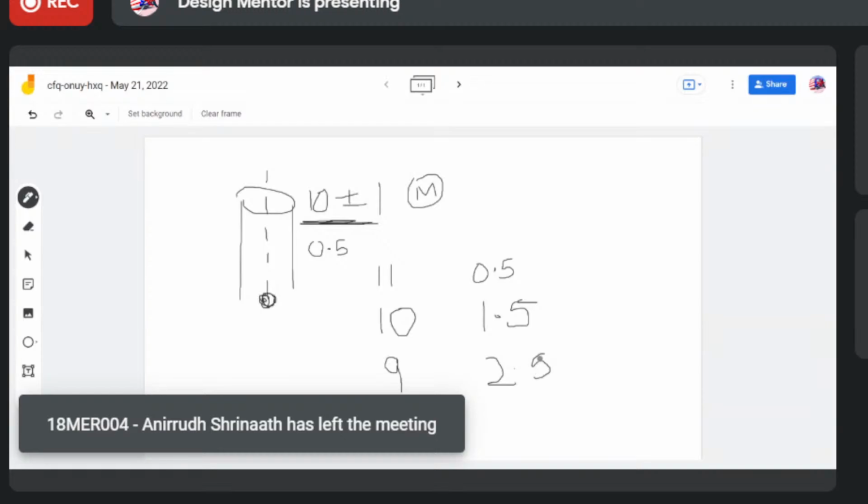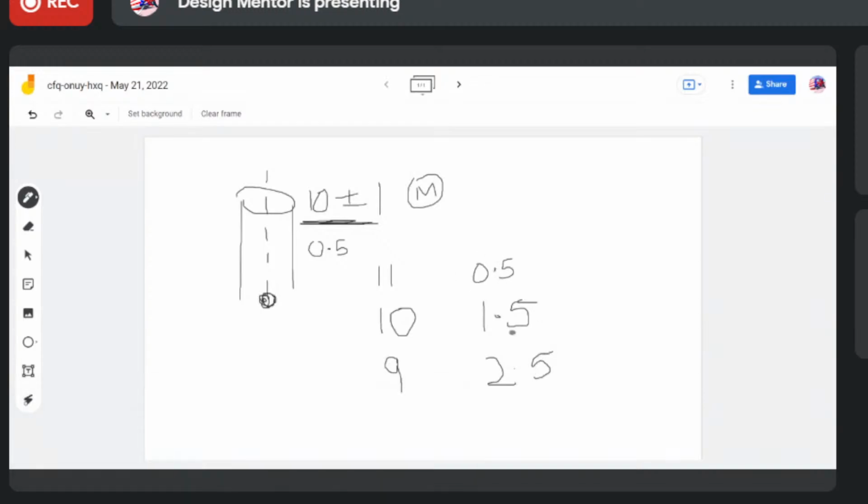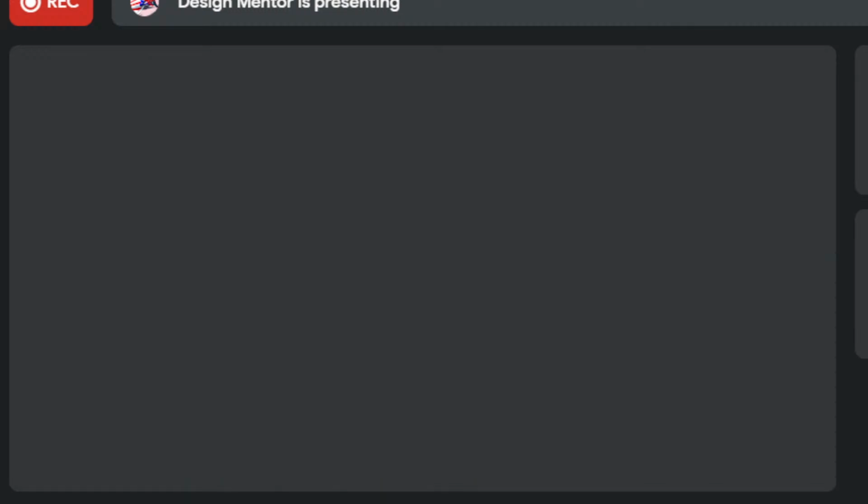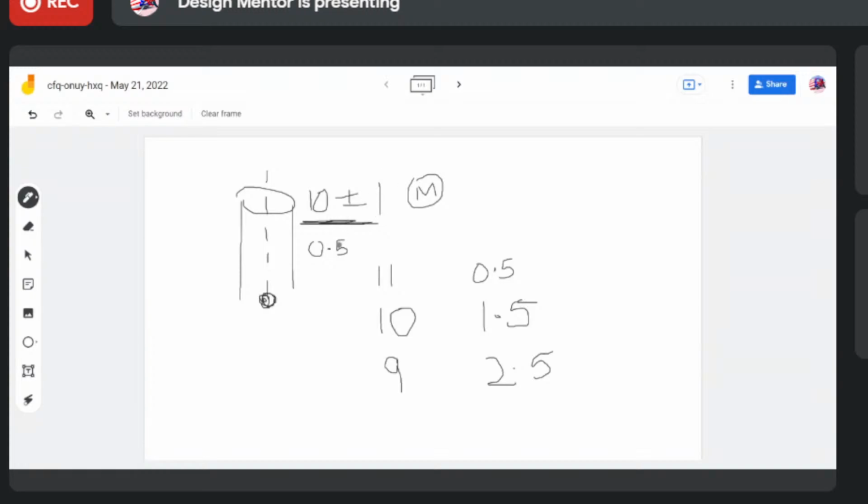So you understand, you don't add this again to this. You add whatever the size tolerance was to the positional tolerance. So in all cases, you will see the sum will be 11.5. Is that correct? Yes, sir.